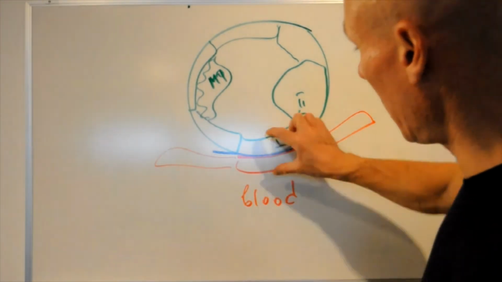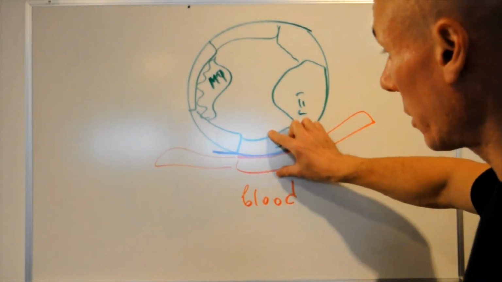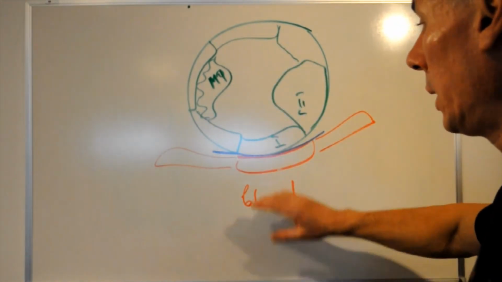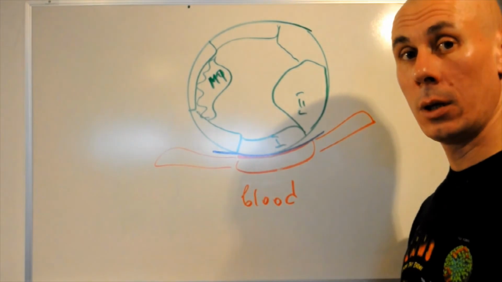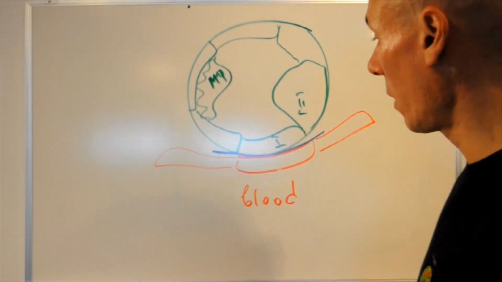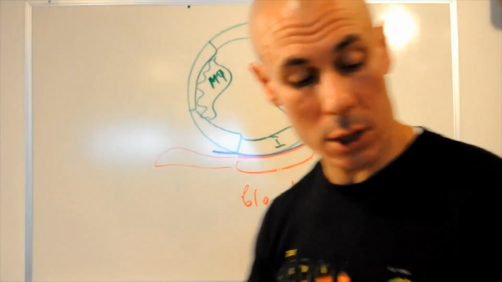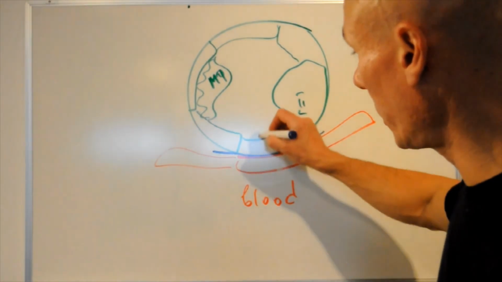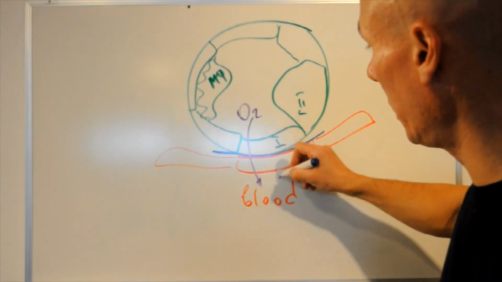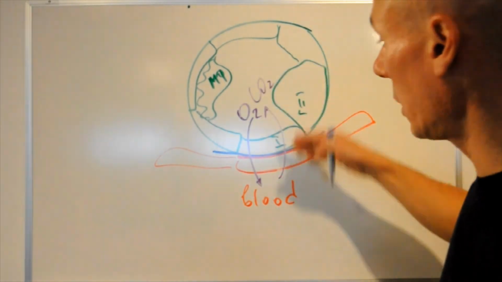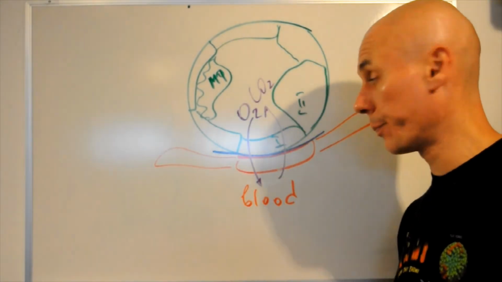So you can see that this barrier between the alveolus and the blood is very thin. This barrier is called a respiratory membrane. Gas exchange occurs across the respiratory membrane. So oxygen goes in the blood, CO2 gets out of the blood back in the alveolus.